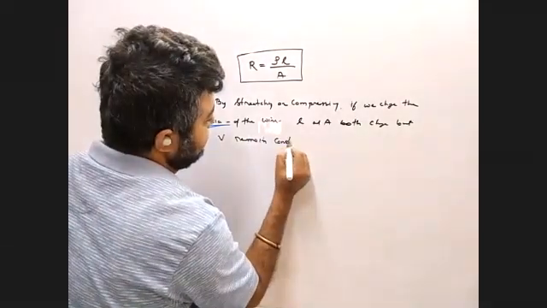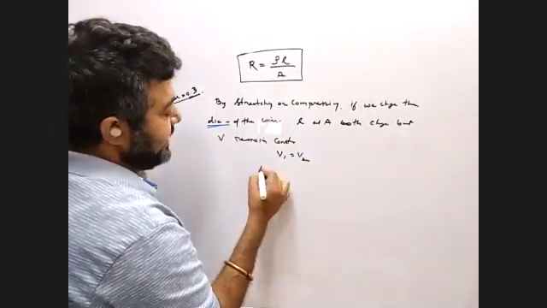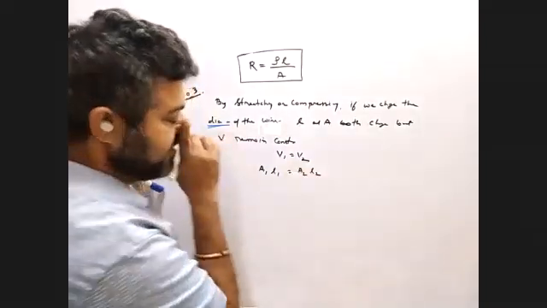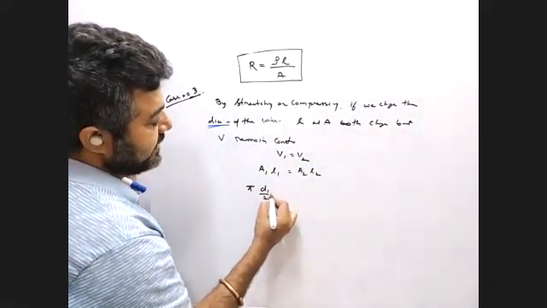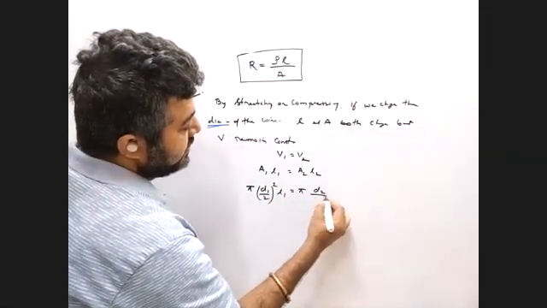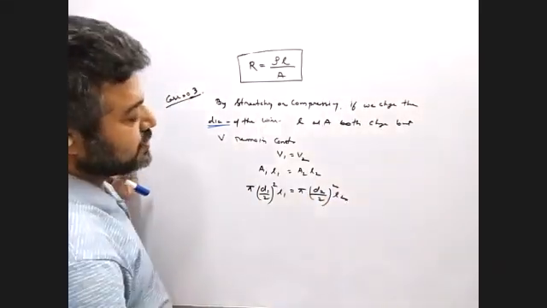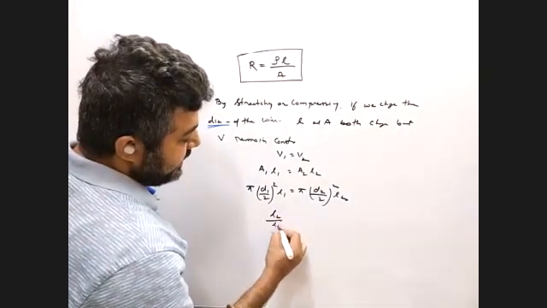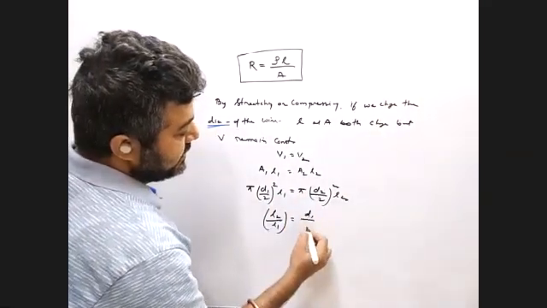So V1 equals V2, A1 L1 equals A2 L2. Now we know area is pi d1 by 2 whole square, L1, pi d2 by 2 whole square, L2. Pi cancels, 2 cancels. So we can say L2 by L1 is d1 by d2 whole square.